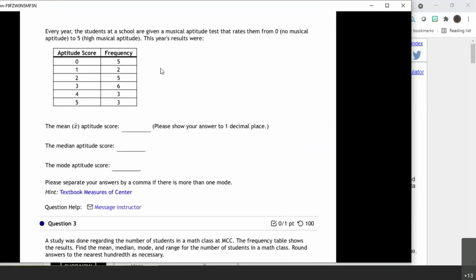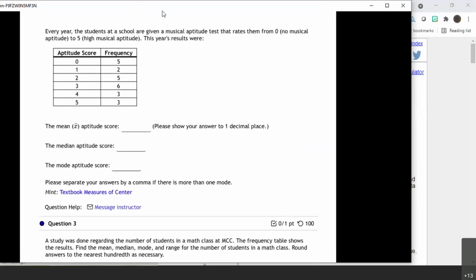So this is a frequency distribution, and what it says is 5 people scored 0, 2 people scored 1, 5 people scored 2, and so forth. If you add up this column, you'll see how many people were surveyed. The frequency column will give you the total of people surveyed.